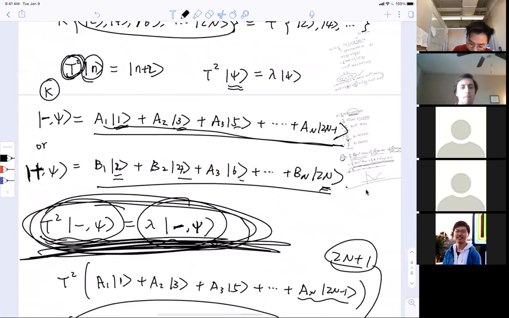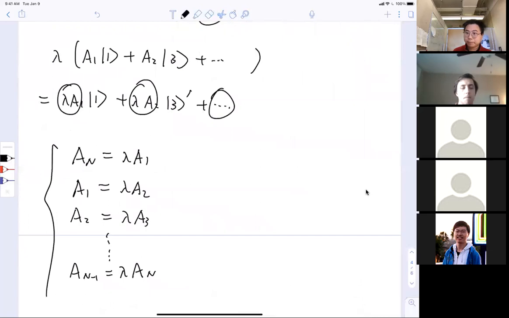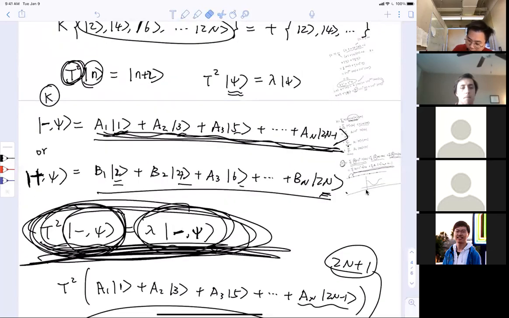We assume the minus side is in this form, we calculate the left-hand side, we calculate the right-hand side, and compare the coefficients of each term, and we get a set of equations. And lambda is the eigenvalue we assumed for this t squared.